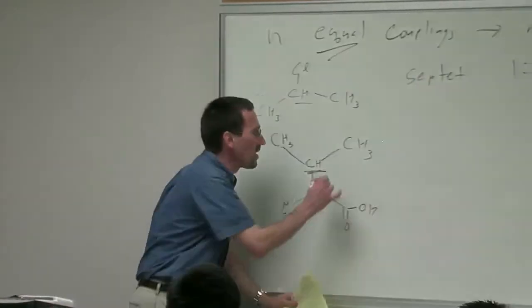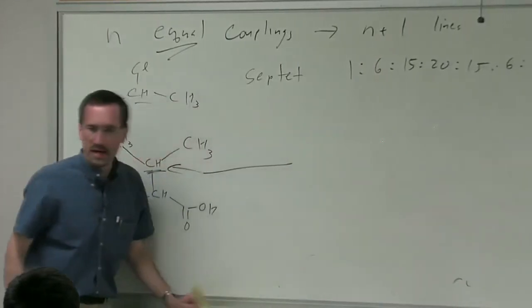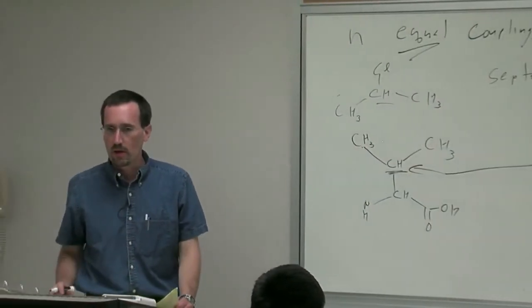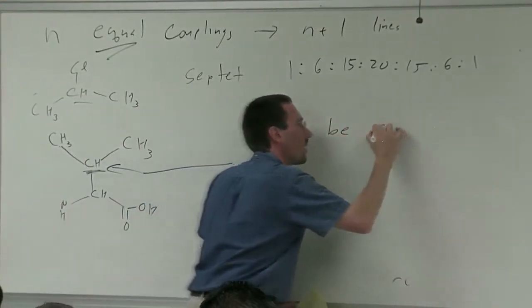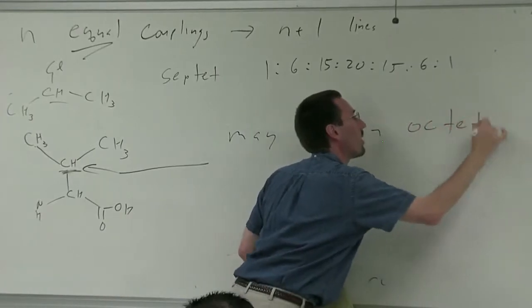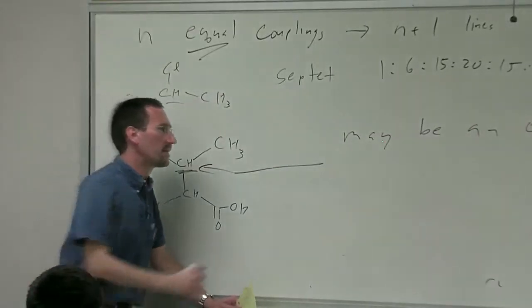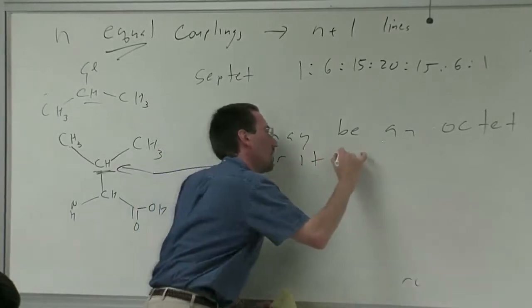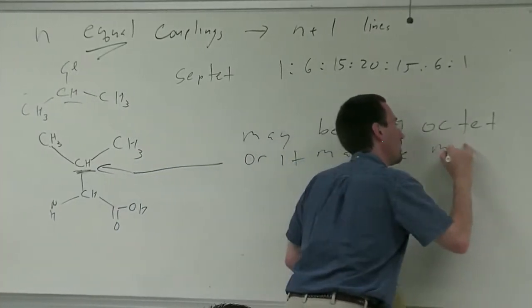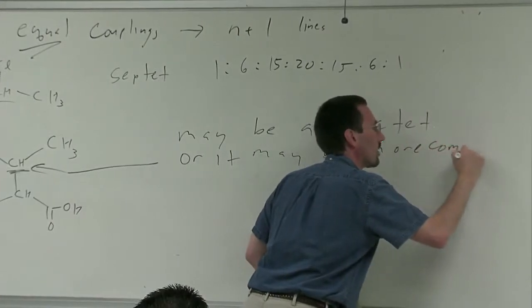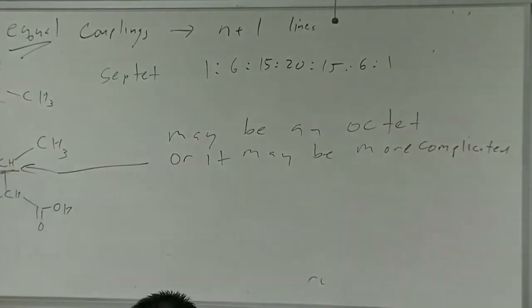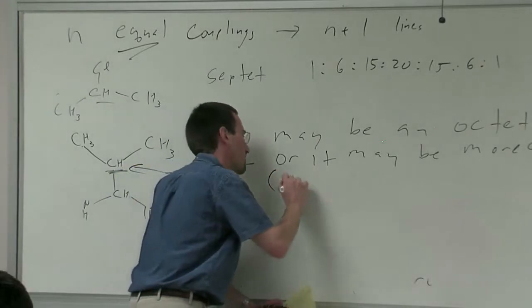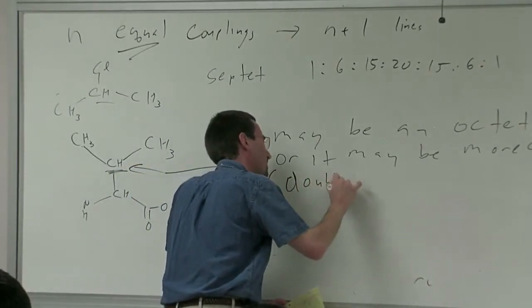Depending on whether the couplings are equal, that is, whether the coupling constants are equal, it may be an octet, or it may be more complicated. I can tell you from experience, in this case, it would be more complicated. It would be a doublet of septets, which you would probably report as a multiplet.